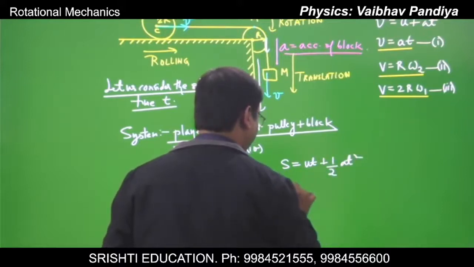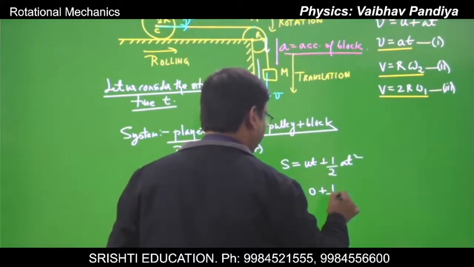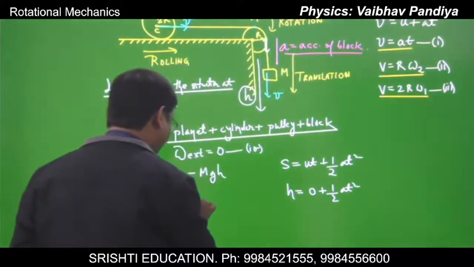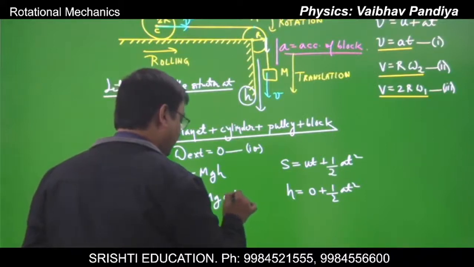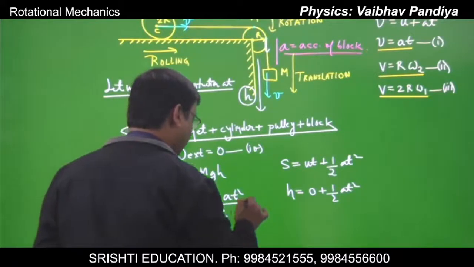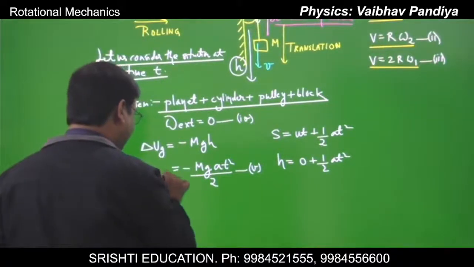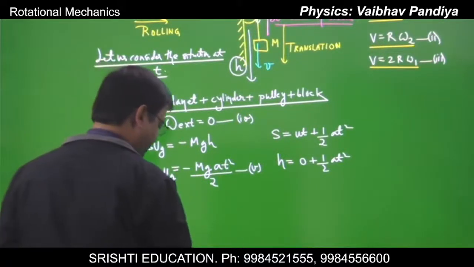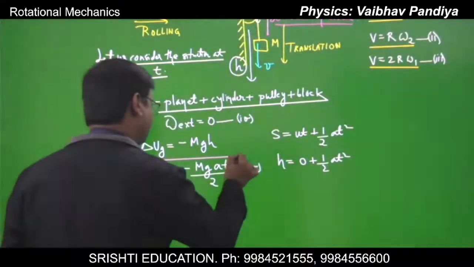So for the block, let us put s as h, u would be 0, since the block is starting from rest, and half at square, right? So in place of h, I can put half at square, giving minus mg at square by 2. So this is your change in the gravitational potential energy. This is one change in energy.